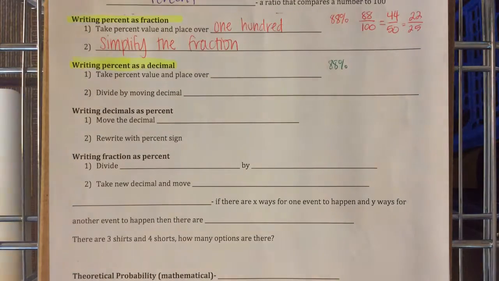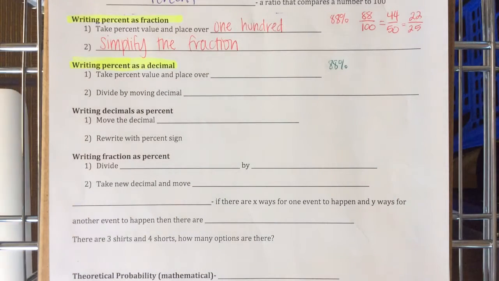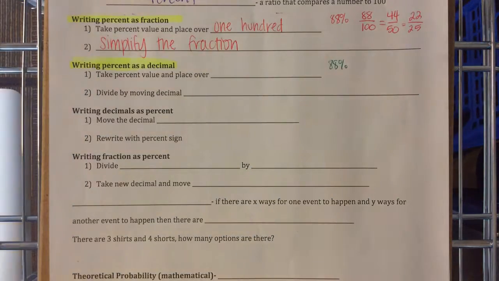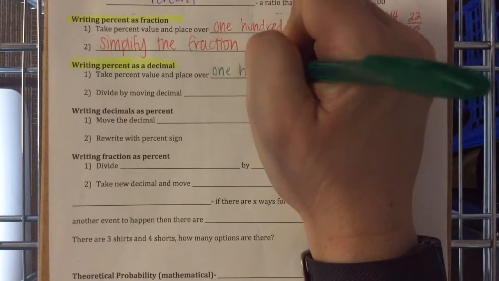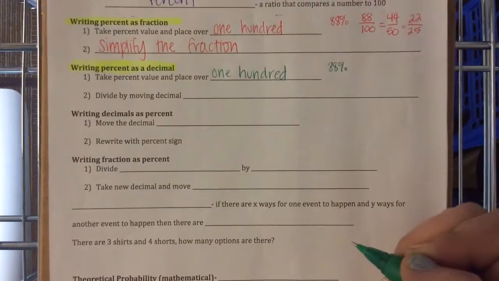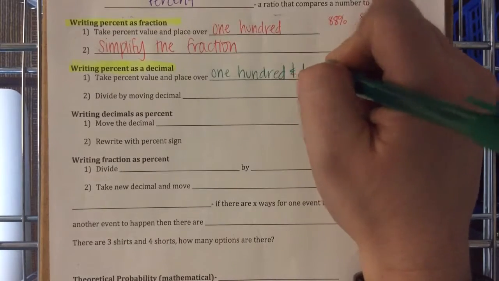So to convert a percent to a decimal, take the percent value and you could place it over 100 again and divide in your calculator.